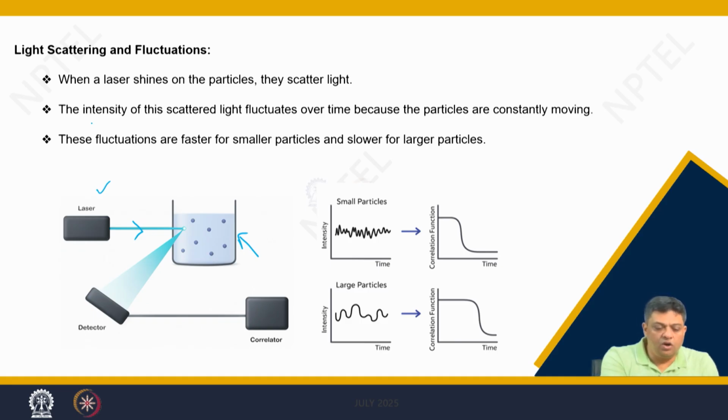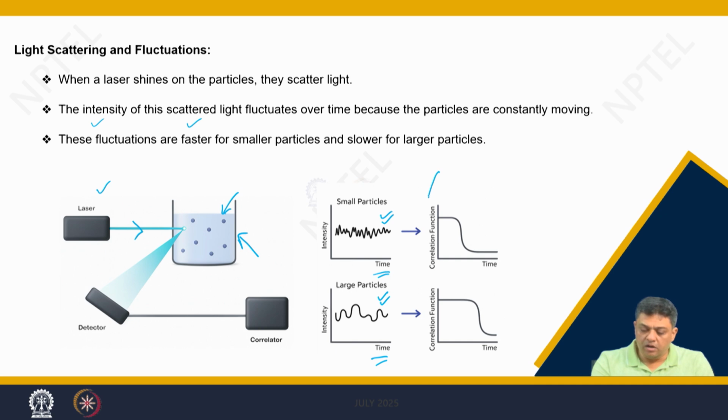Now, the intensity of the scattered light will fluctuate because these particles are continuously moving and showing a Brownian motion. These fluctuations are faster for smaller particles and slower for larger particles. So, you see these kind of intensity versus time curve.